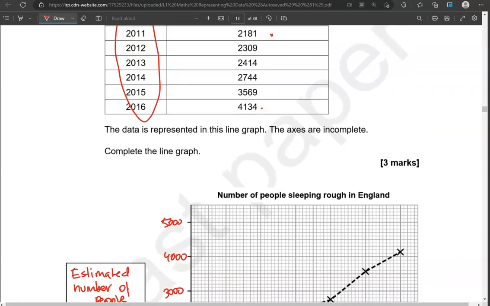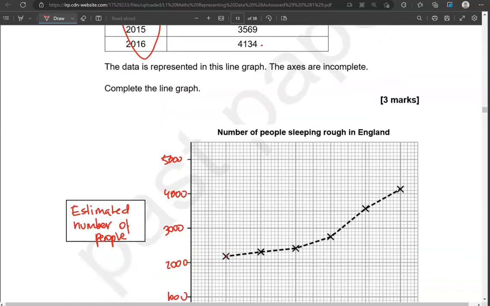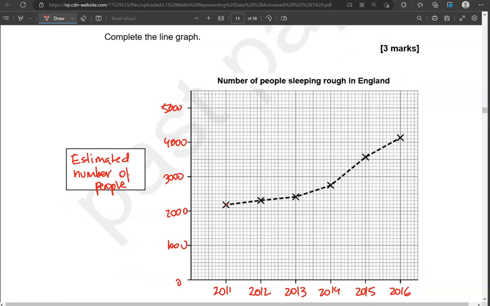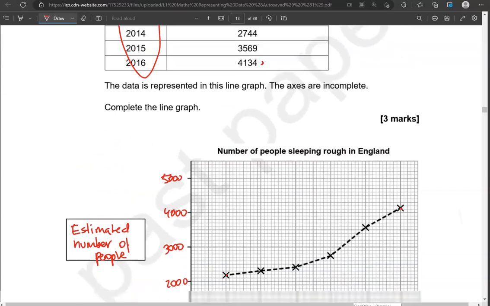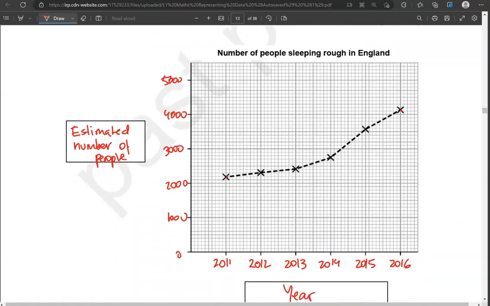Let's check another point, maybe for year 2016. So it's over 4,000, 4,100, so between 4,100 and 4,200, and that is correct. So we've done this correctly.